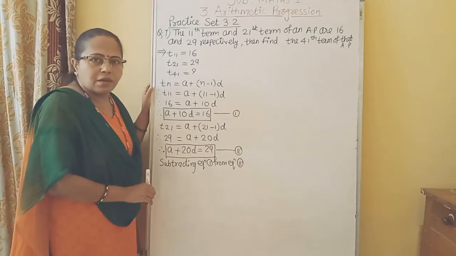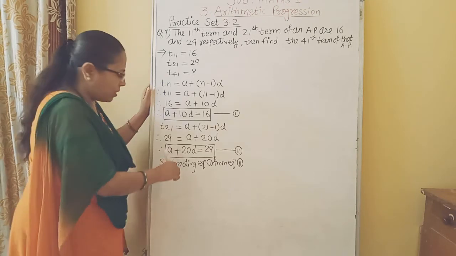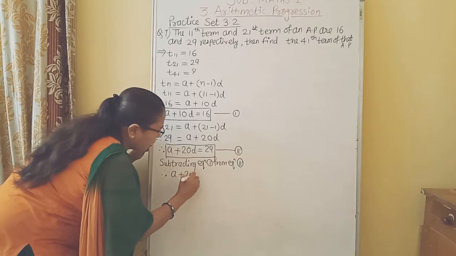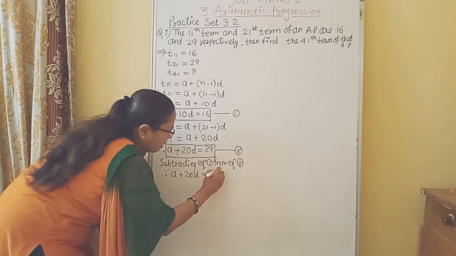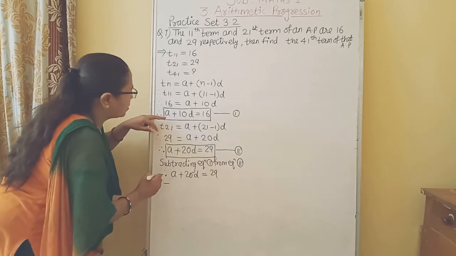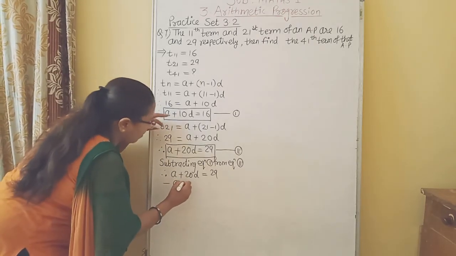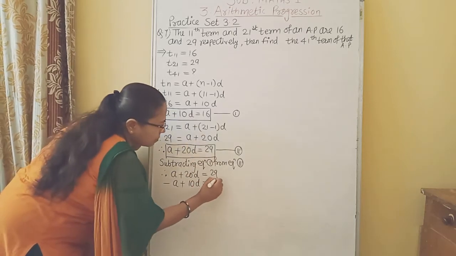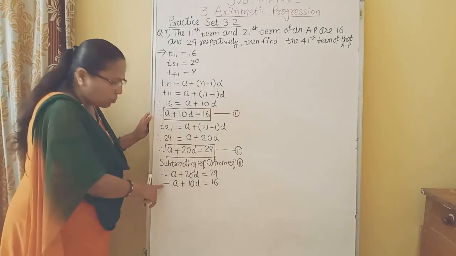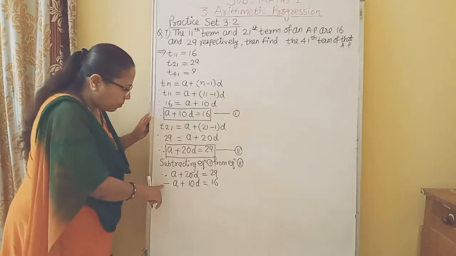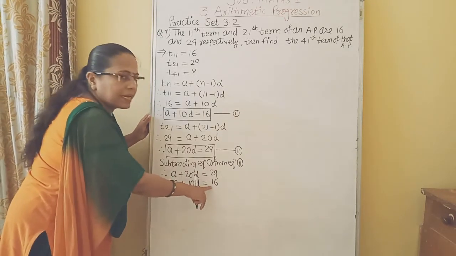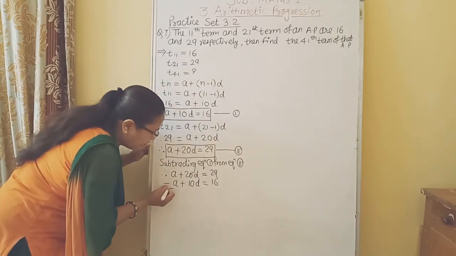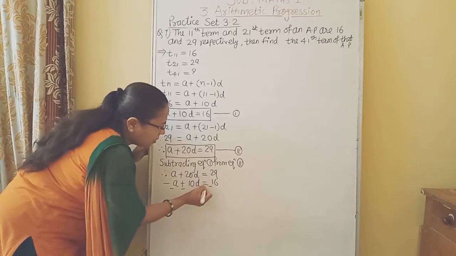That means which equation do we write first? The second equation. Therefore, A plus 20D equal to 29. We have to subtract the first equation here: A plus 10D equal to 16. Due to this subtraction, each term of the first equation changes its sign, so A becomes minus, 10D becomes minus, and 16 becomes minus.